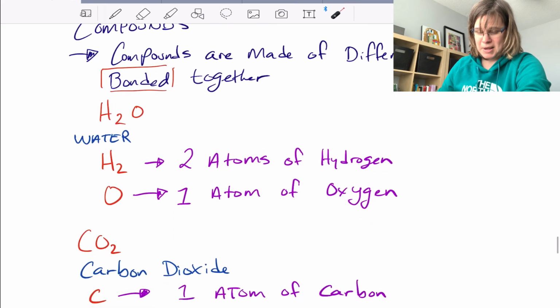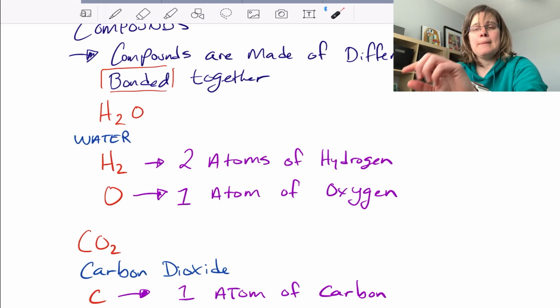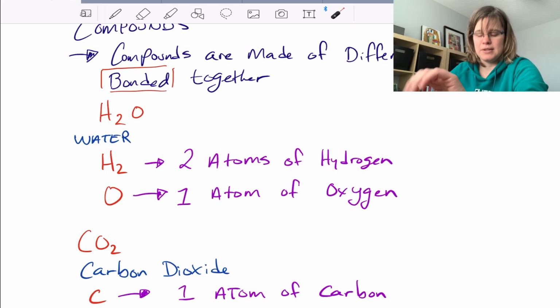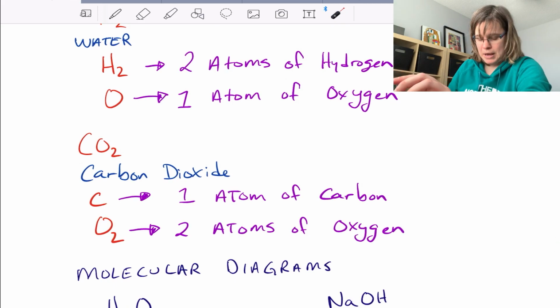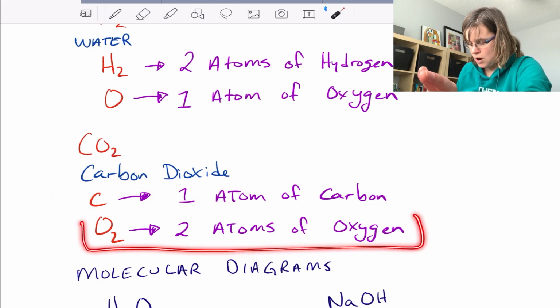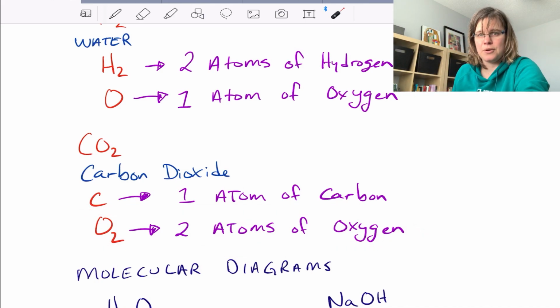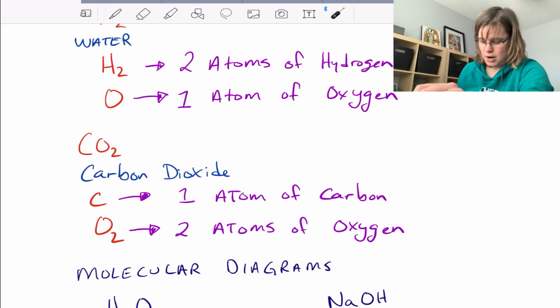That makes three atoms in this compound. Other compounds include carbon dioxide, CO2. Here there's one carbon atom and two oxygen atoms, making a total of three atoms altogether.